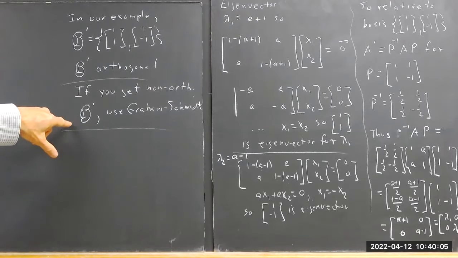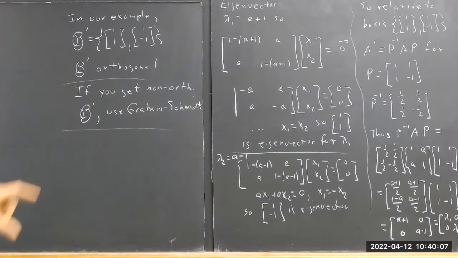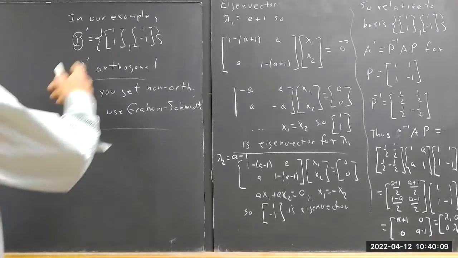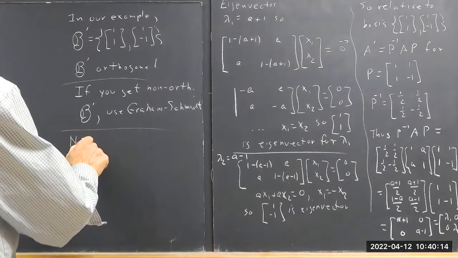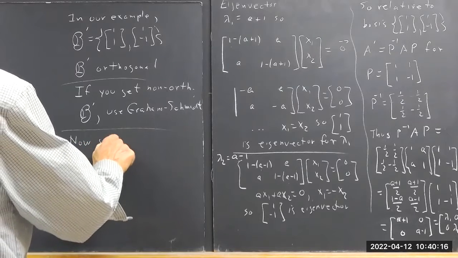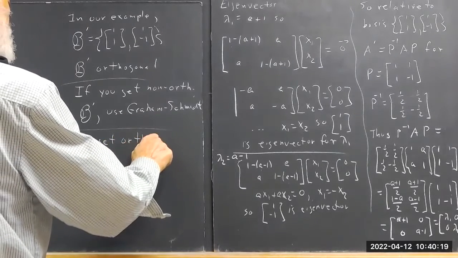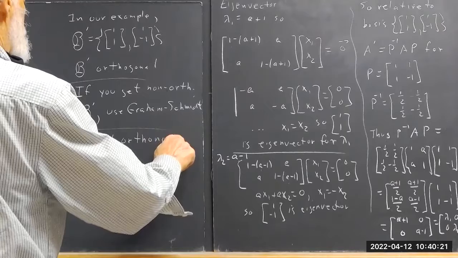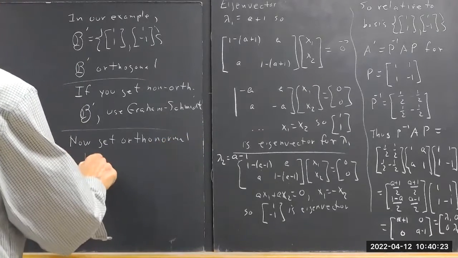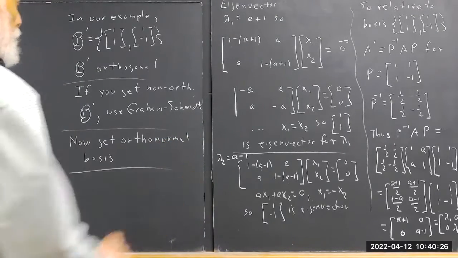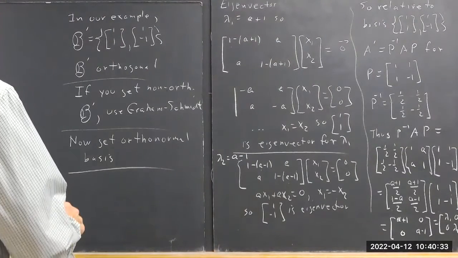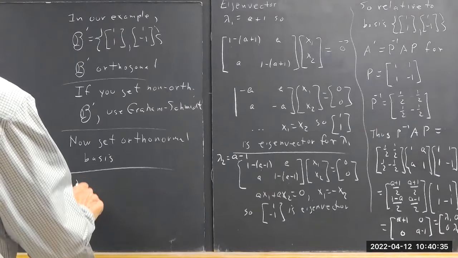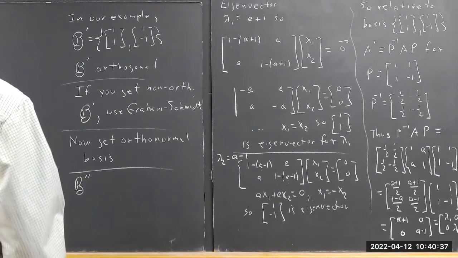Okay, anyhow, if you get a non-orthogonal basis, use Gram-Schmidt. So let's go ahead, this is orthogonal. Now we want to get an orthonormal basis. I'll call it B double prime.